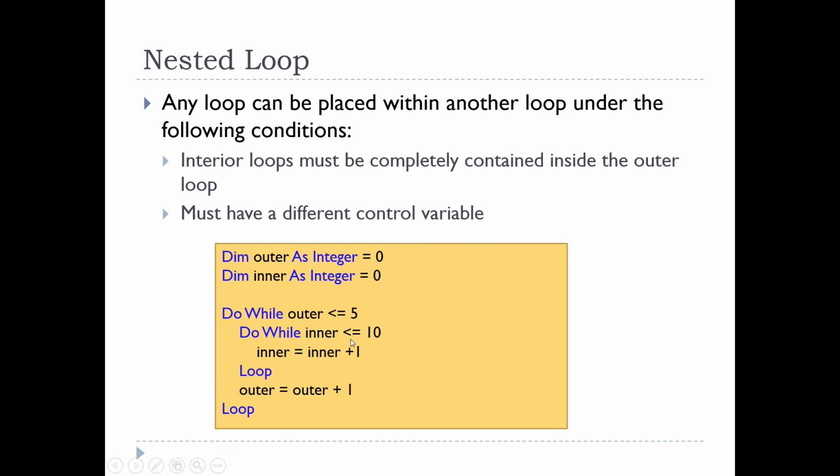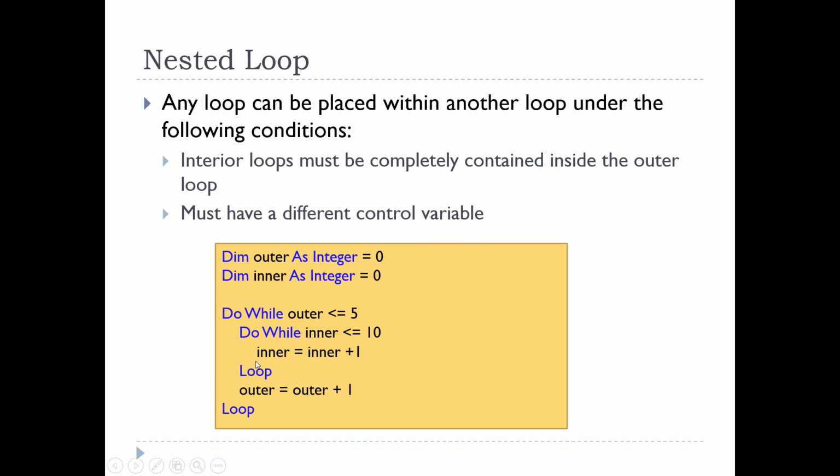So when outer is 0, inner is 0, you go inside here, inner is 0, yes, true, then +1, +2, all the way to +10, +11 is false, exits out, and then outer is now 1. You go back and run the loop again, 1 is less than 5, yes, and then you check the inner. Because we already ran it one time, inner is already 11, so this is false, so this part never gets run anymore. Then it just does the outer loop 5 times, 6 times, and it's done.